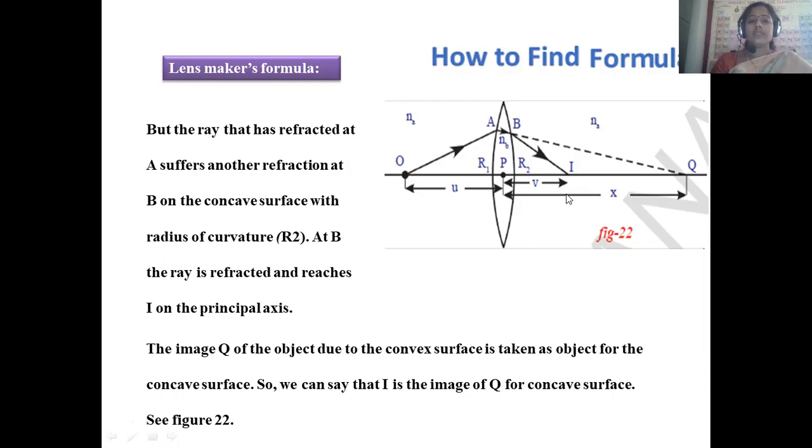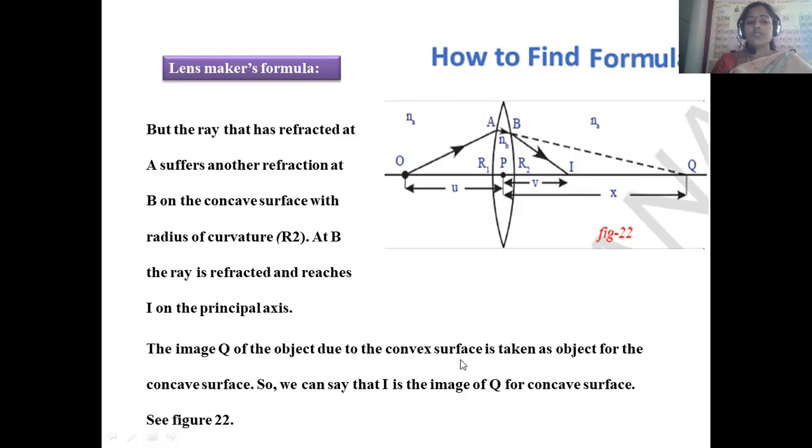Now, in the lens maker's formula, we move on to the ray that is refracted at A and suffers another refraction. If it is moving in this direction, it hits the surface at Q. If it bends in such a manner that it hits the principal axis at I, another image formation is possible, and this is denoted with the radius of curvature R2, and here it bounces at the point B. The ray exactly hits the convex lens at the point B, so R2 is the radius of curvature, and image formation takes place at the point I. In this case, the entire terms will be inverted.